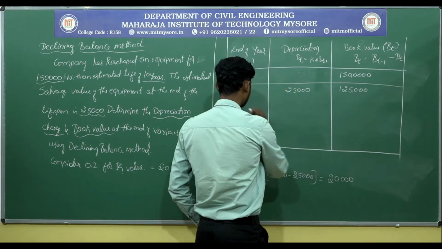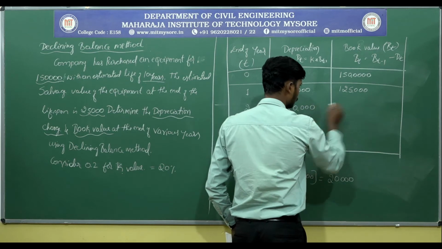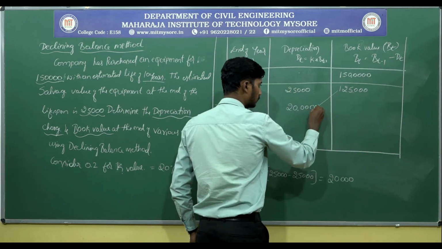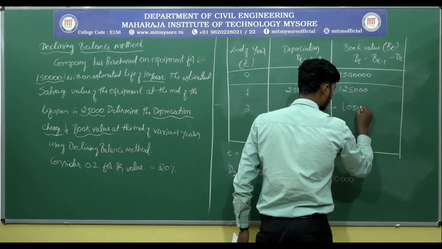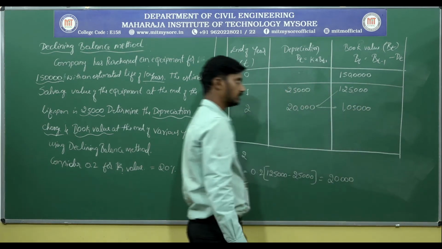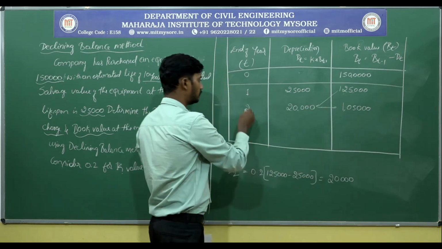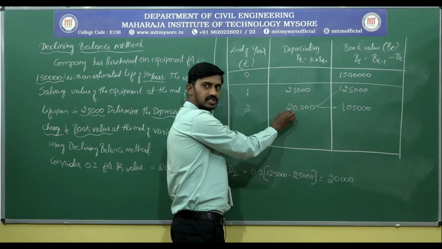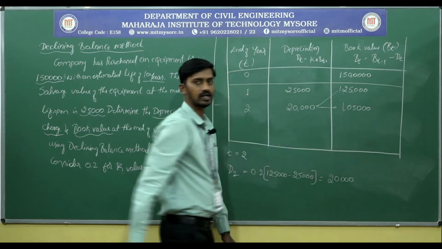So that 20,000 I should write for 2 here. So 1,25,000 minus 20,000 is 1,05,000. So this was the previous year book value, and for the second year this is the depreciation that happened, and this is the present, that is second year book value.